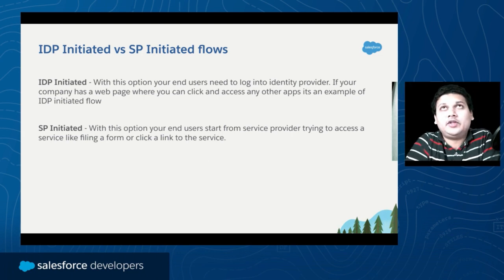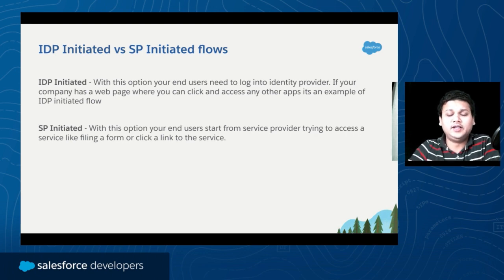Before we start exploring this IDP and configuring all these parameters, we want to understand what IDP is versus what SP is, and what an IDP-initiated flow means and what an SP-initiated flow means. So, IDP-initiated flow. With this option, your end users start in your identity provider.